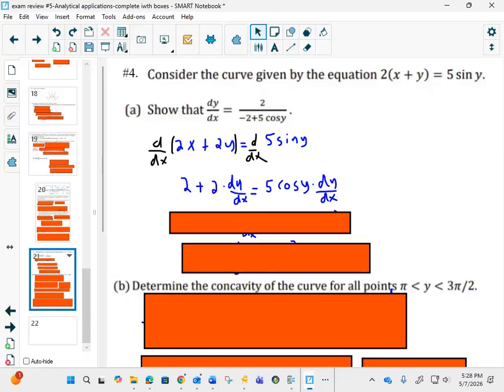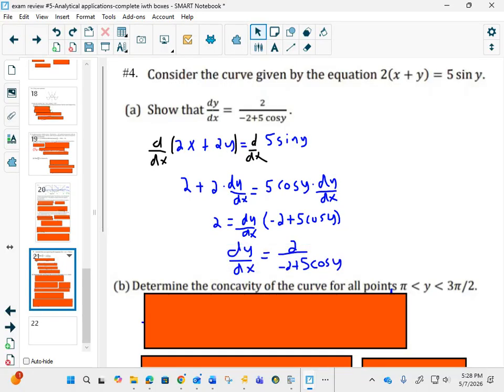To get the dy/dx by itself, move all the terms with dy/dx to one side and factor it out. And then divide. And I do like these questions that say show that, because at least you know what the answer's supposed to look like in the end.